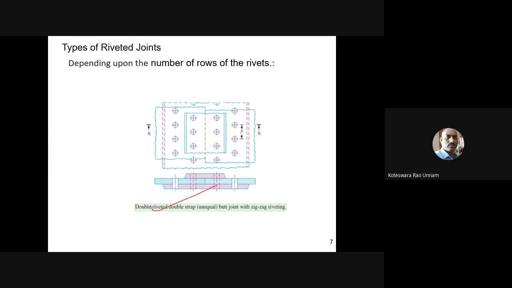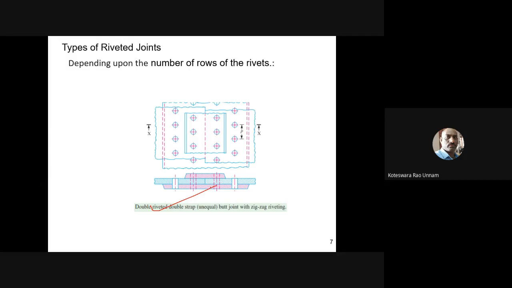Right? So this is how we can classify the rivets based on how they are arranged, whether it is chain riveting or zigzag riveting or diamond riveting, whether it is a butt joint or a lap joint.